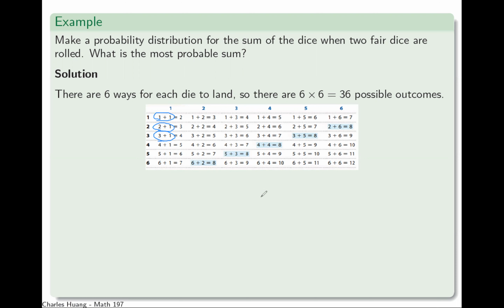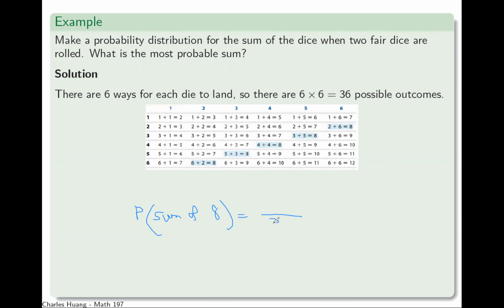Now, if I want to find the probability of 2 dice having a sum of 8, what we'll have to do is count the number of outcomes, 6 times 6, right? 6 different numbers on each die.